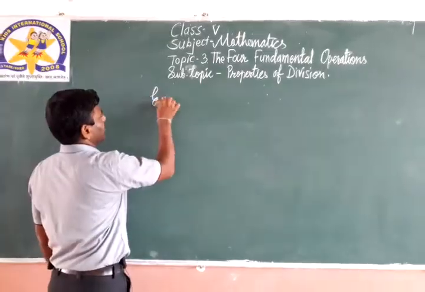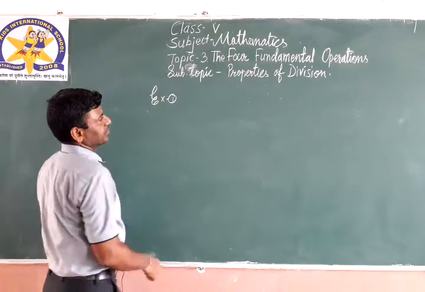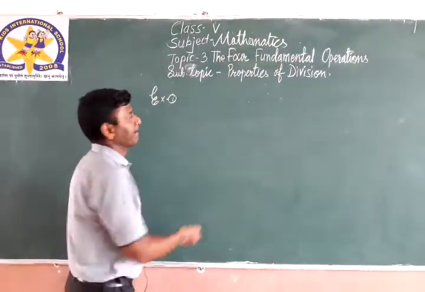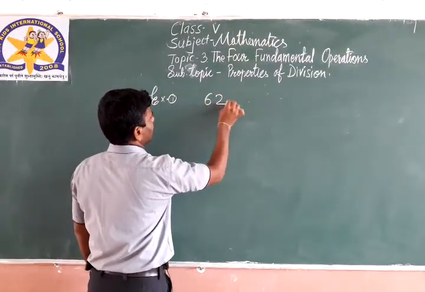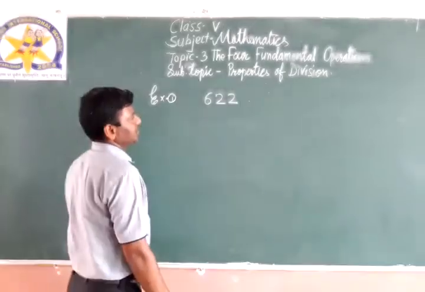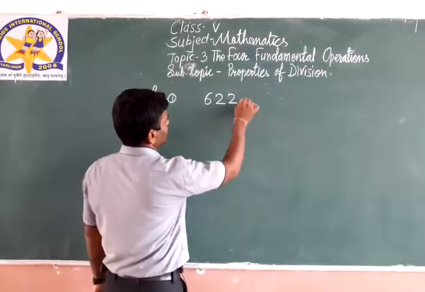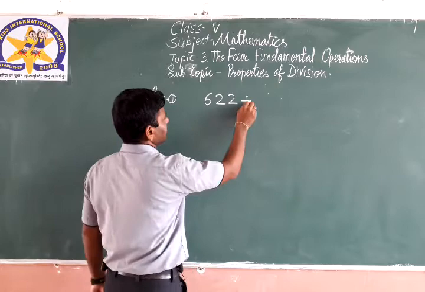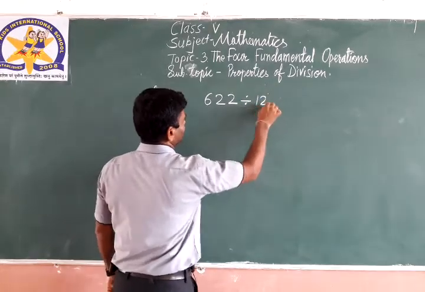Let's take one example. 622 divided by, suppose, 12.